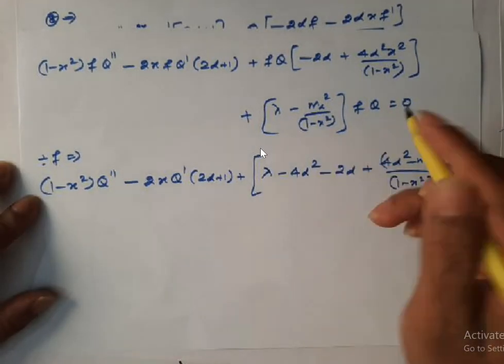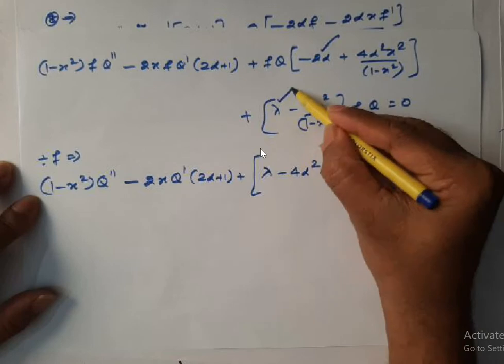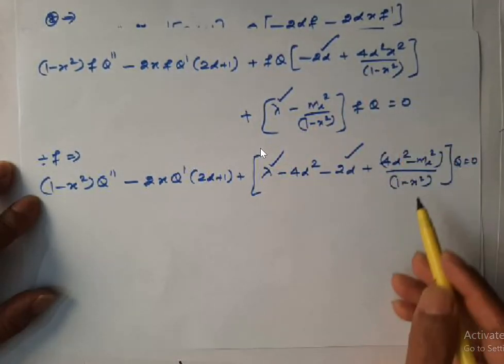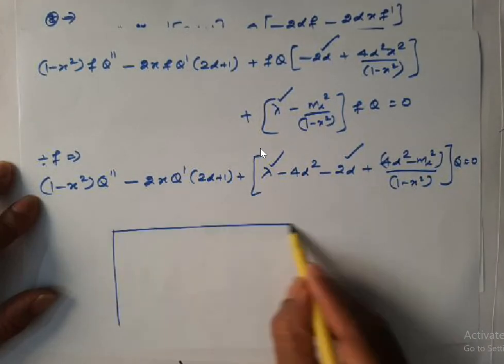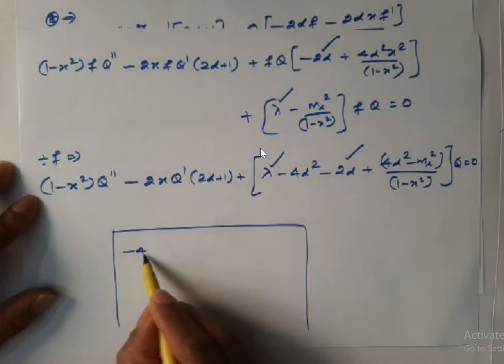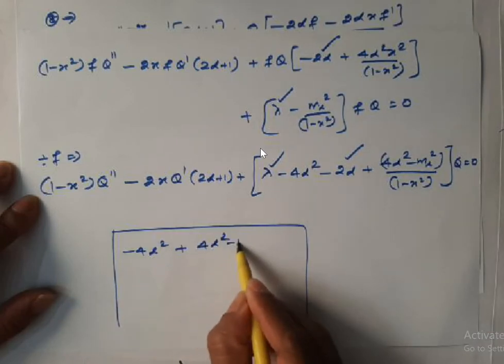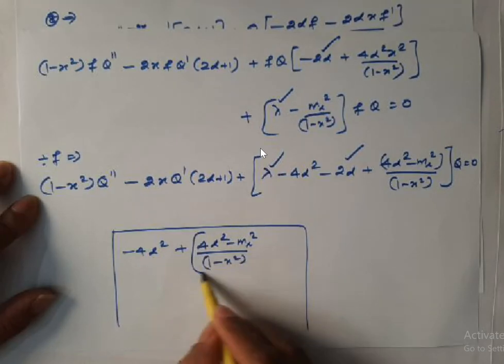See, minus 2 alpha terms are there, lambda values are there, so we have to account only for these two. Whether these two will give me that or not, how to check? Let me show you that. We have minus 4 alpha square here, and we have plus 4 alpha square minus ml square by 1 minus x square. Now what to do?